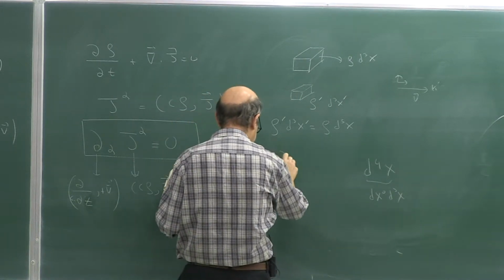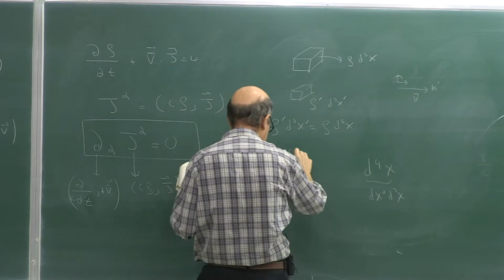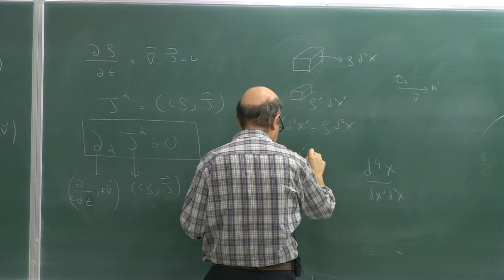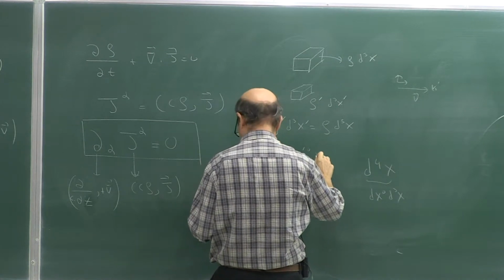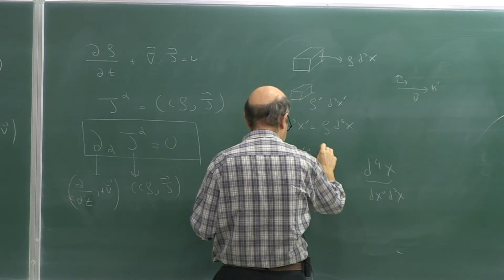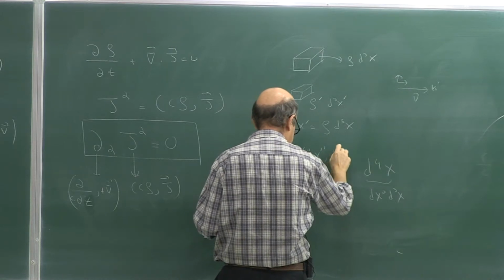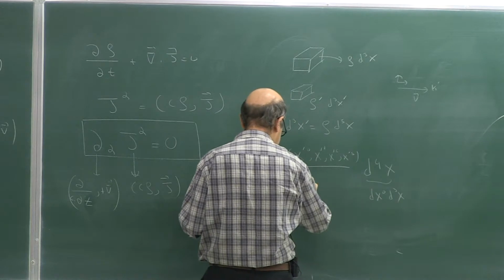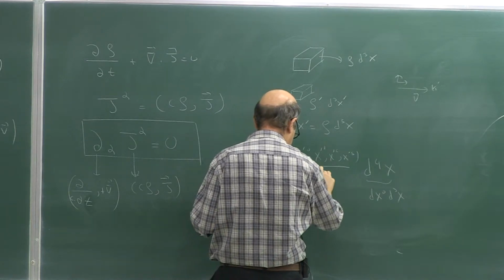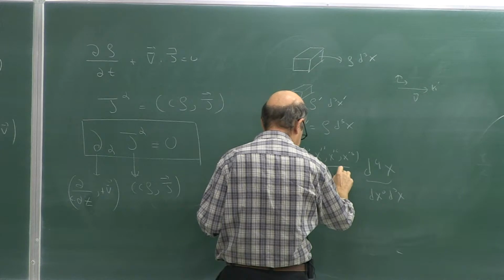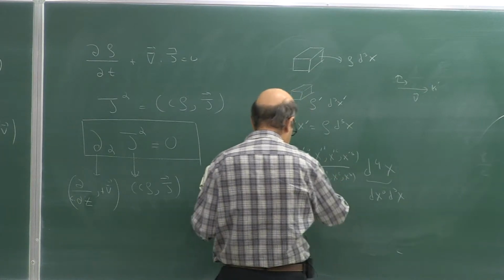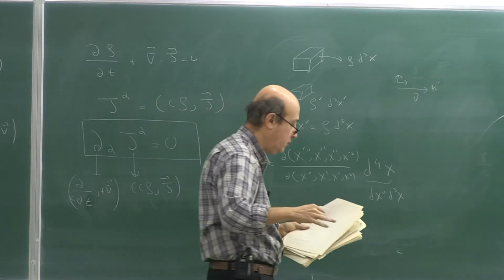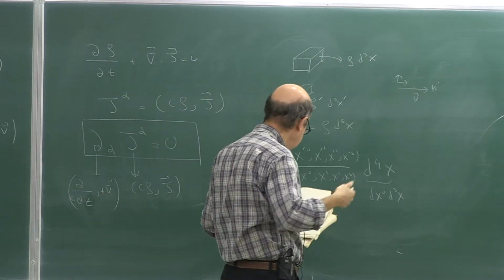So if you write the Jacobian in general as del x prime 0, del x prime 1, del x prime 2, del x prime 3 over del x 0, del x1, del x2, del x3, you can write this as a 4 by 4 matrix, and you can calculate the Jacobian using the determinant.